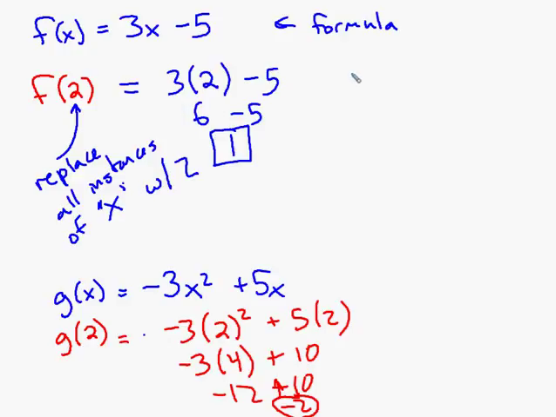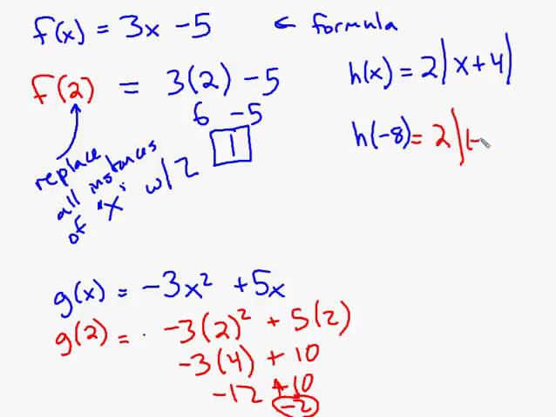Let's do one more. Let's say h of x is twice the absolute value of x plus 4. Let's find h of negative 8. So what do I do? Replace all the x with negative 8.